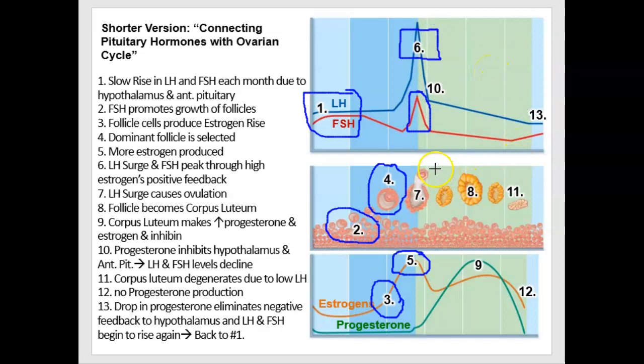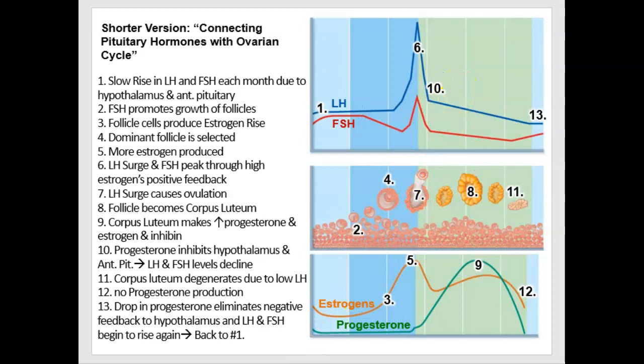The LH surge promotes ovulation, and once ovulation occurs, the follicle is ruptured and it gets turned into the corpus luteum. The corpus luteum makes high levels of progesterone, and progesterone inhibits the anterior pituitary, and so we see a decline in both FSH and LH.